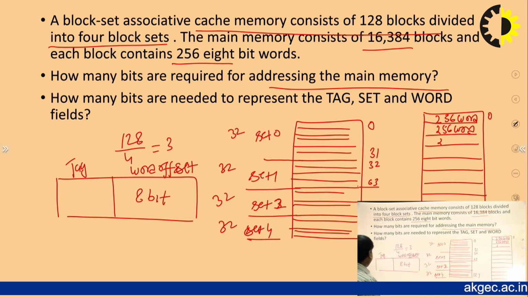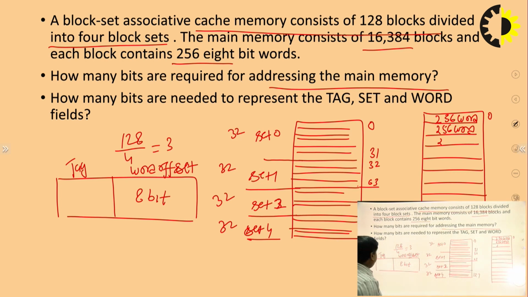It may be 16 bits. You can calculate this value into 2 to power n format, then that is the size of the tag bits in the main memory. We can calculate this is 16 bits. Now one question has been completed.